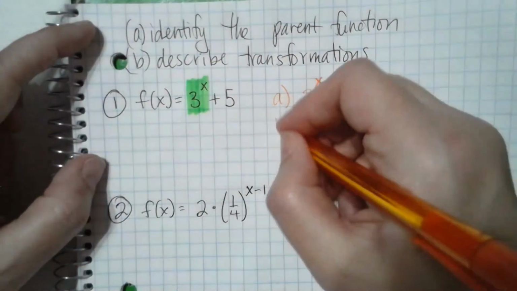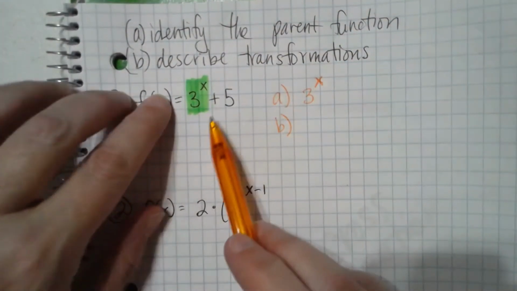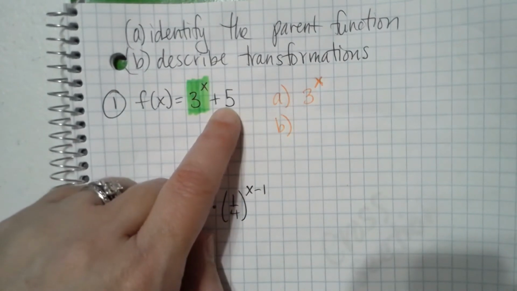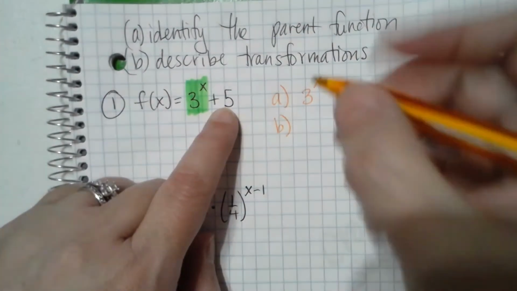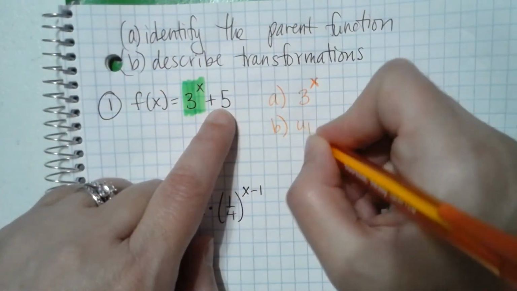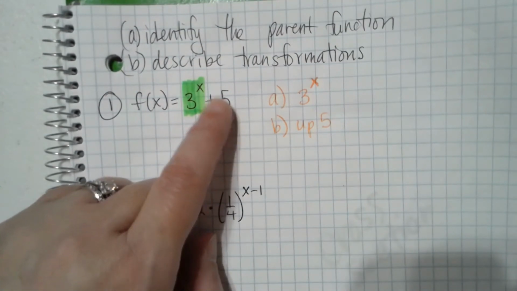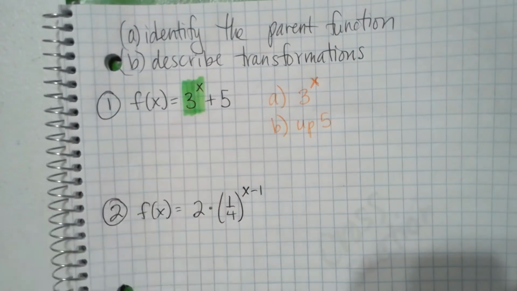Okay, from there, we're going to make changes to it. So the only change that is not highlighted is this plus 5. So what does that plus 5 do to our graph? When it's out at the back here, that's our k value. If k is plus 5, it's going to go up 5. There's nothing tagged on to the x or the exponent, and there's nothing out in front, so we're done with that.